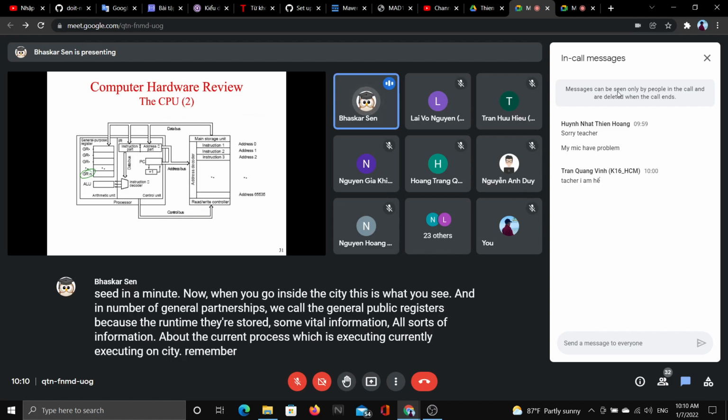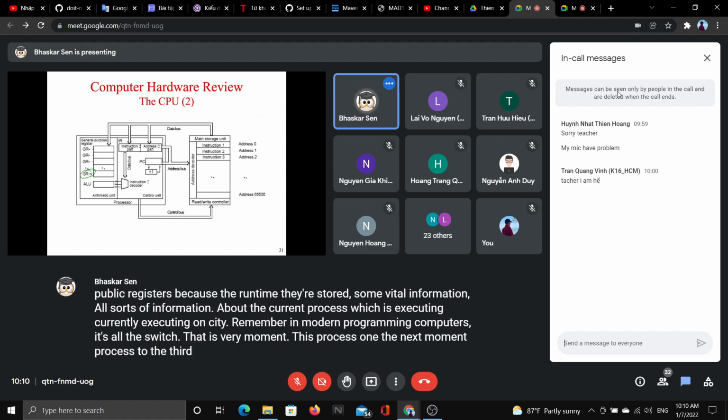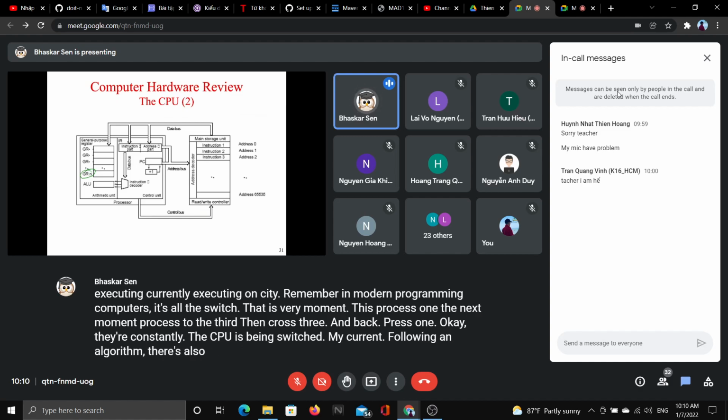Remember, in modern multi-programming computers, it's always switching. At this moment it's process 1, the next moment process 2, then process 3, and back to process 1. The CPU is constantly being switched by the kernel, following an algorithm.